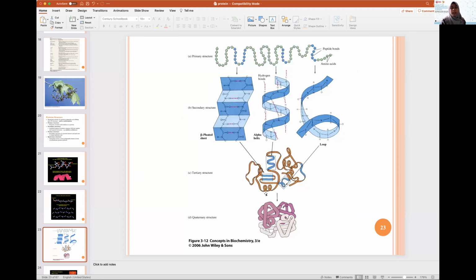Okay, another thing to have in mind, you will need to know what kind of amino acid is suitable to be at the loop position. You know, loop is not a beta sheet, and loop is not an alpha helix. So loop is just like a connection between maybe the first domain and second domain.